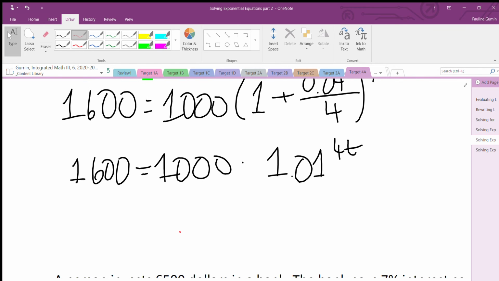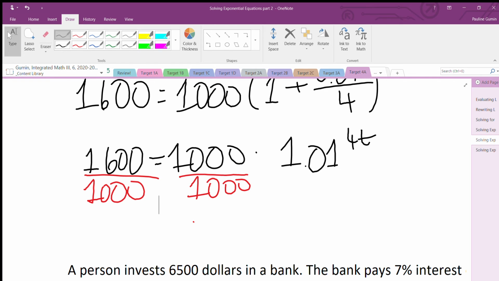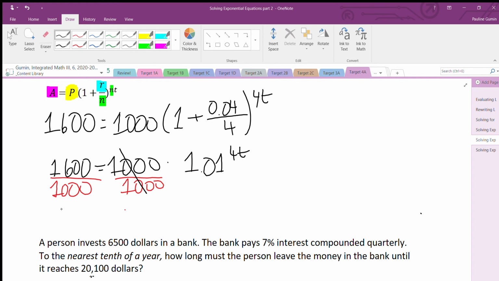So first I'm going to divide by 1,000. Oh, wow, I wrote giant. I need to give myself some more room. Okay, so here it cancels out, and we're left with 1.6 equals 1.01 to the power of 4t.